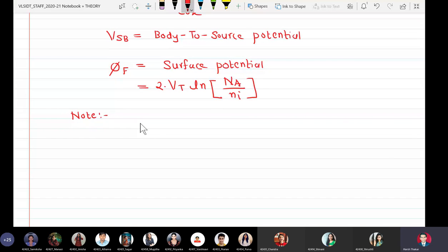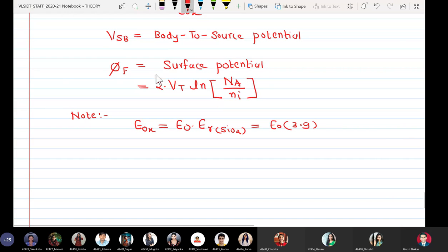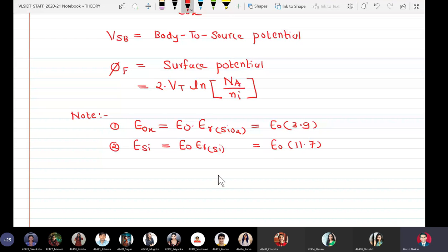And some constants in all this mathematical modeling, note that epsilon ox is epsilon 0 into epsilon r for SiO2. It is equal to epsilon 0 into 3.9. Second, epsilon silicon is absolute permittivity into relative permittivity of silicon, which comes out to be epsilon 0 into 11.7.